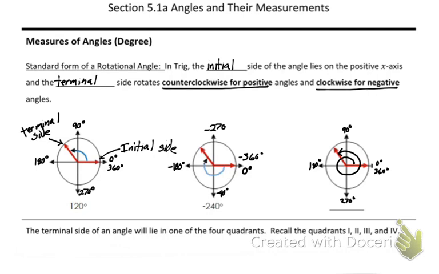We got some hands. Oh, what do you got? 480. How'd you get 480? Because you went around once and then you stopped somewhere between 90 and 180. Perfect. So we went around once, and 1 full revolution is 360, right? So we know it's more than 360.